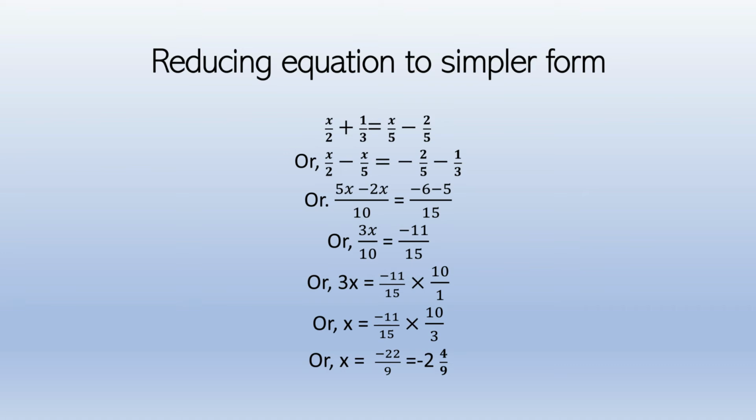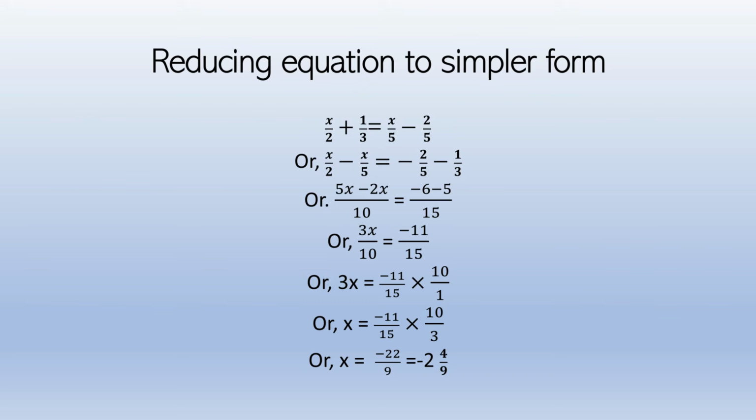So to solve these equations, first we have to arrange all the variables on one side and all the constant terms on the other side. To do this, first we will change x by 5, the variable term, from the right hand side to the left hand side by changing its sign from plus to minus.